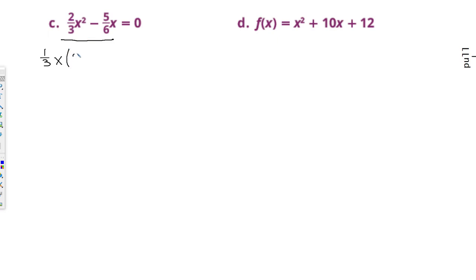If I pull out a 1/3, I'm left with 2x minus 5 halves. If you would have left that 1/3 in there, it wouldn't have hurt things. It just is going to make your life easier. Oh, that's not an x on that second one. I didn't realize I wrote that x.